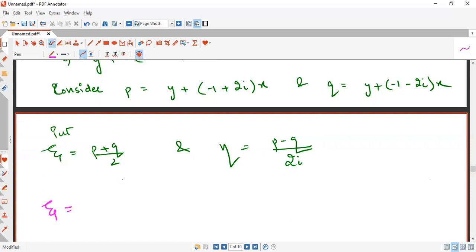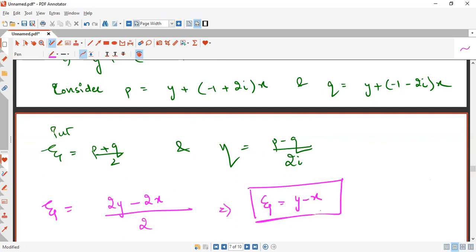P plus q: y plus y will become 2y, minus 1 will become minus 2x. The iota term will get cancelled. Xi we have got as y minus x. And for eta, y minus y minus 1 plus 1, 2 iota plus 2 iota, 4 iota x upon 2 iota will become 2x.